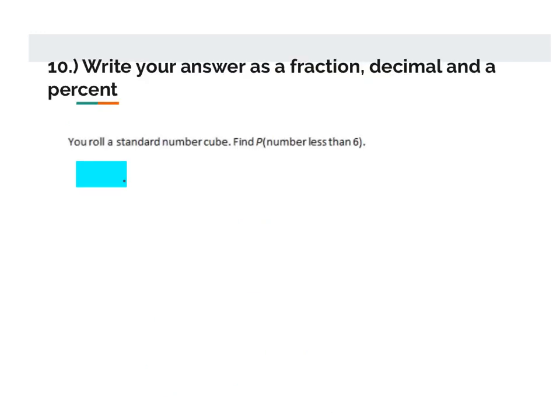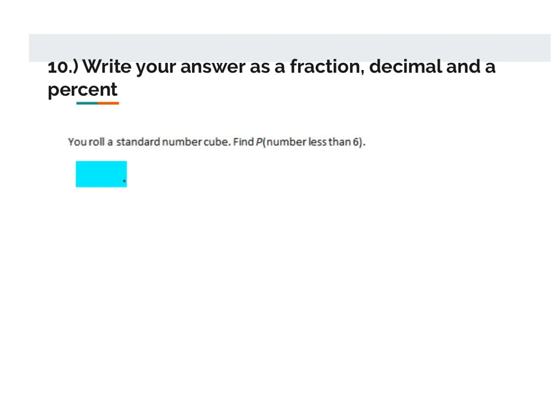Okay, for this one, write your answer as a fraction, a decimal, and a percent, so it wants all 3. You roll a standard number cube, find the probability of a number less than 6. So we're going to put the favorable outcomes over the total possible outcomes.